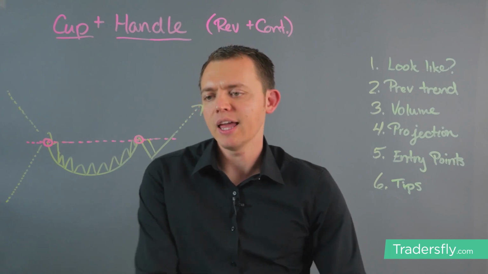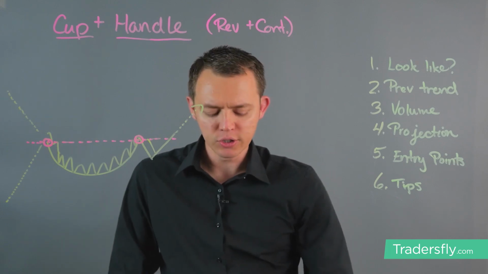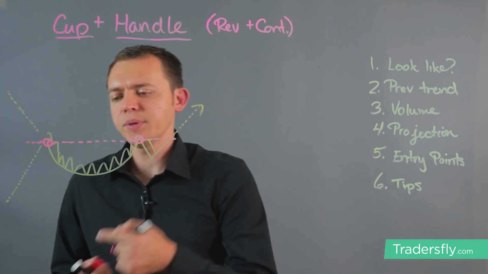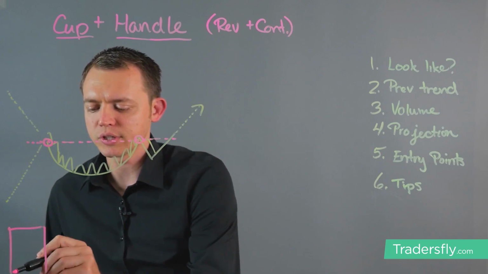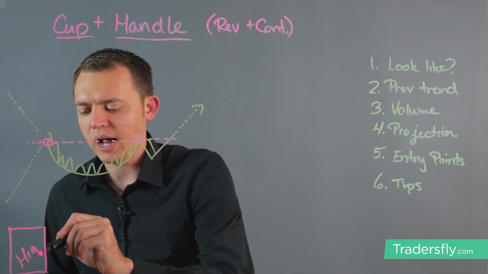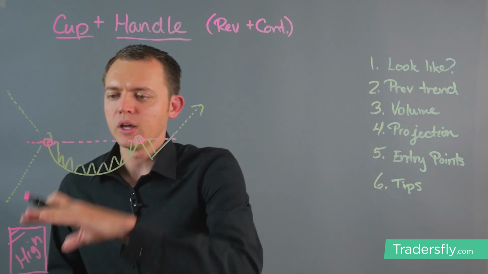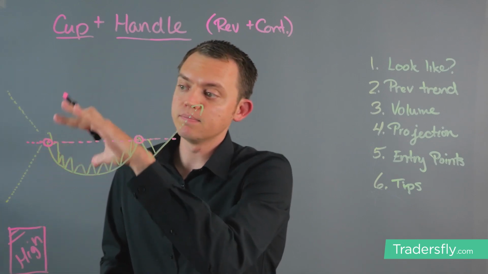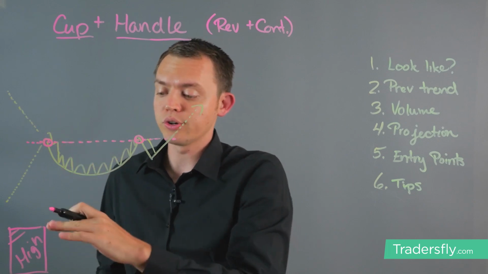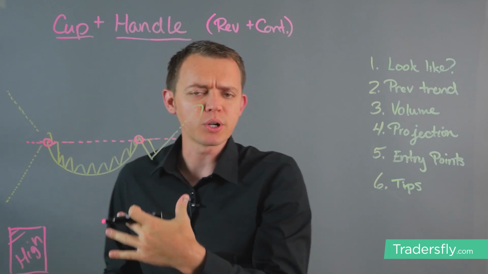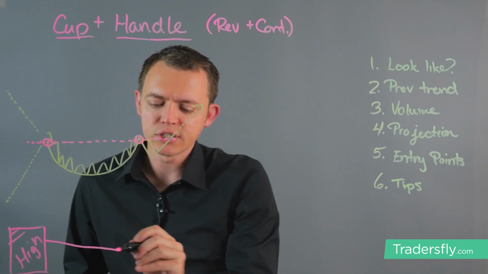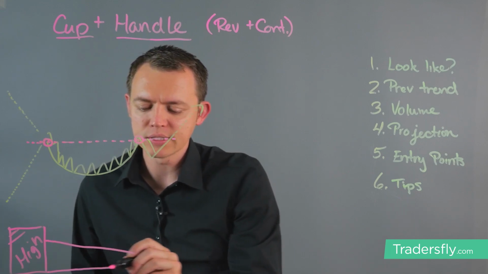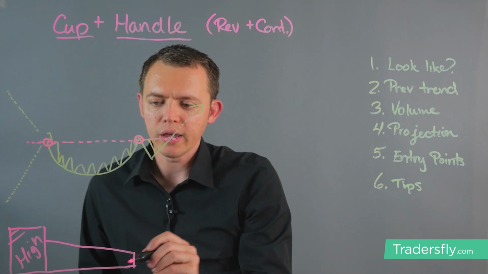As far as entry points and the volume, when we look at volume, typically you have a good amount of volume initially, right? So this is high or strong volume. Whether you're moving upward or downward, you have fairly strong volume because that's what creates the move. Eventually, that volume slowly starts to decline here in the cup and handle area.